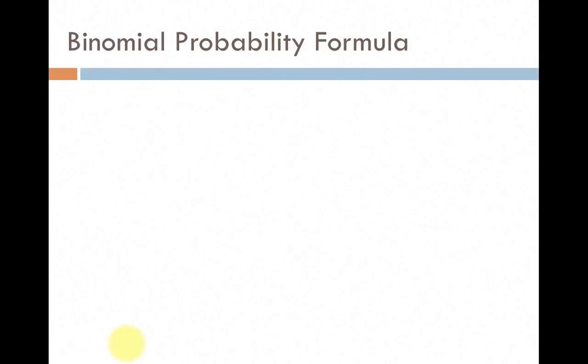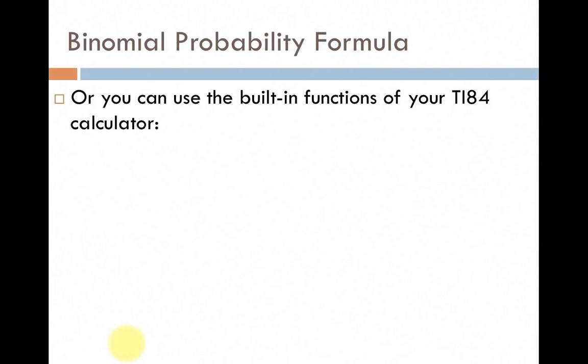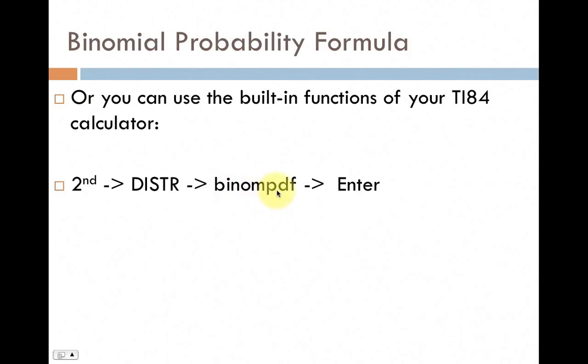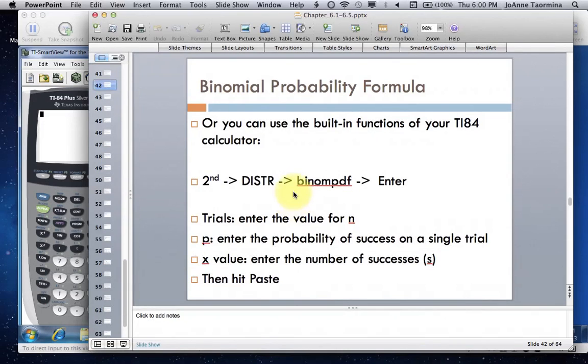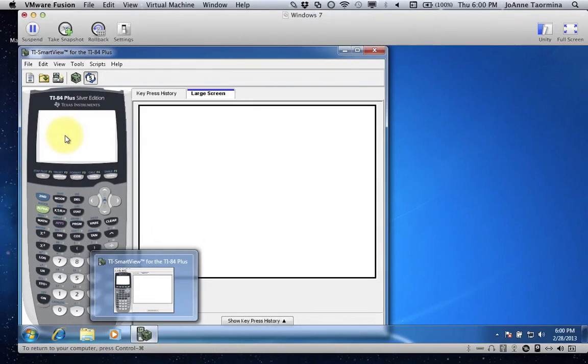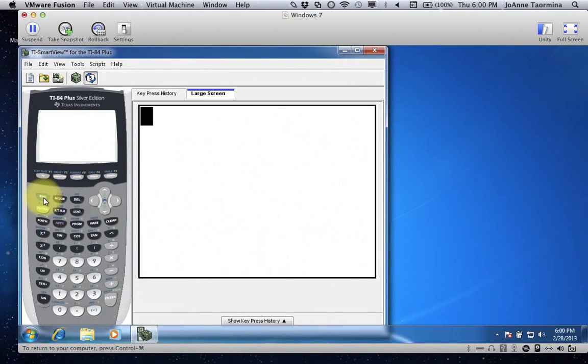An alternative to using the binomial probability formula is to use the built-in function of the TI-84 calculator. It's called binompdf. It stands for Binomial Probability Distribution Function. And the way we find it is we go to our calculator, we press the second key, and we go to the VARS key, which is to the left of clear.